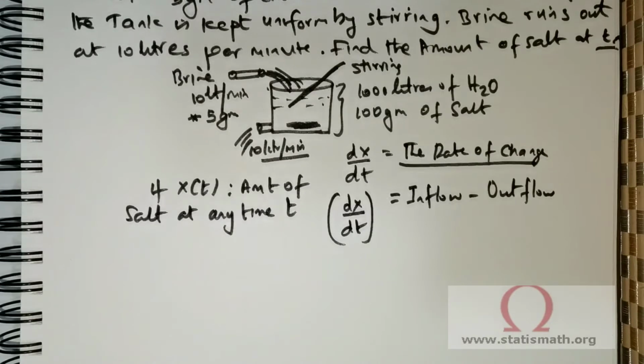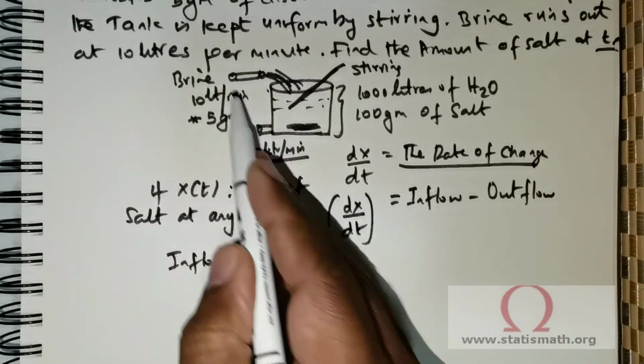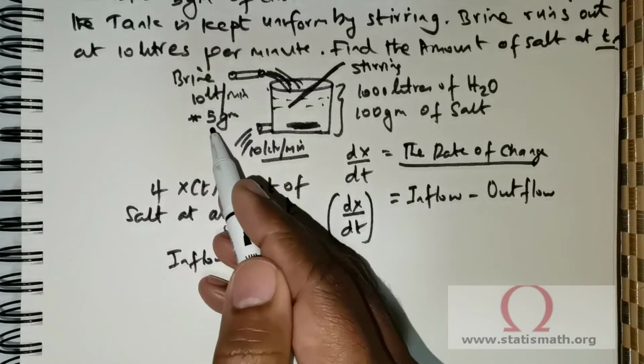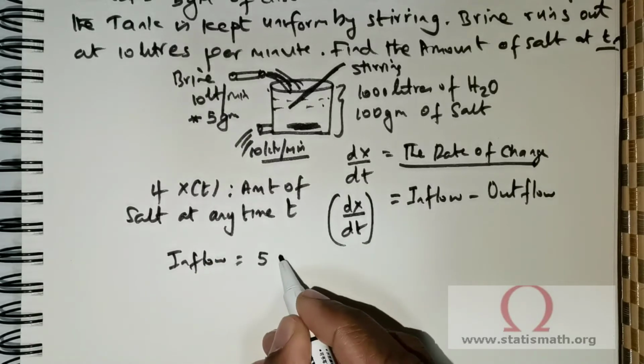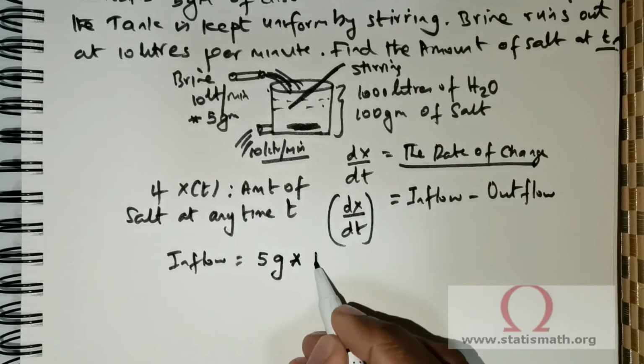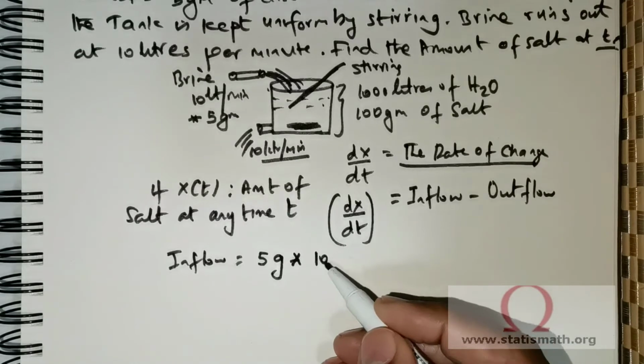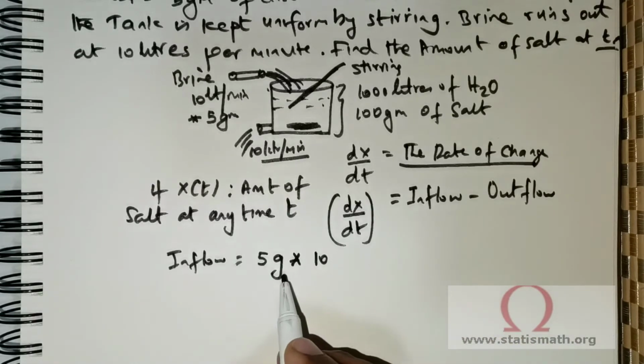Before that we need to find out what the inflow is. Inflow says 10 liters per minute and 5 grams of salt. So 5 grams are present in 1 liter, right?